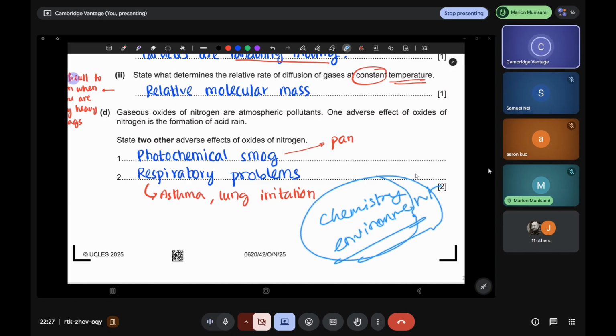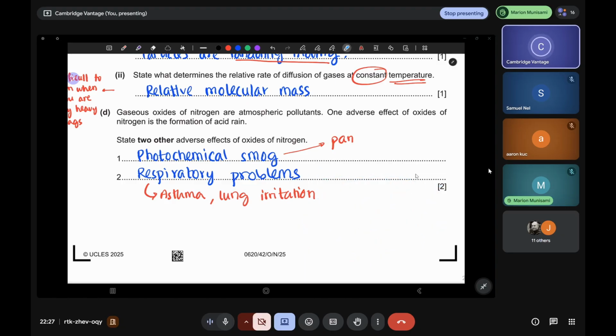In there you will learn about the harmful effects of nitrogen and sulfur containing compounds. These are points that you will just have to memorize from your notes. There isn't any elaboration that you should know from here. So the first one that you should write is photochemical smog, which is due to PAN. Now this part is something that you will learn in your AS levels. So at the moment I just wrote it down in case anyone's curious, but you don't really need to know what PAN is.